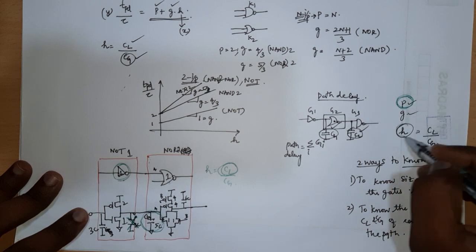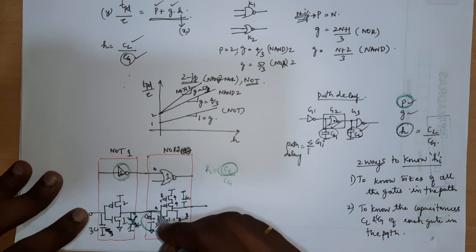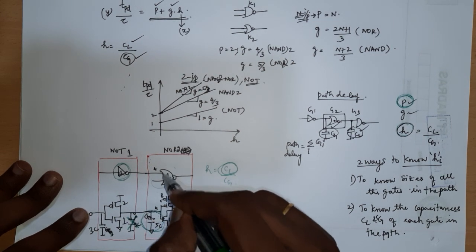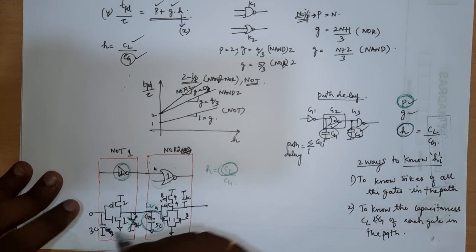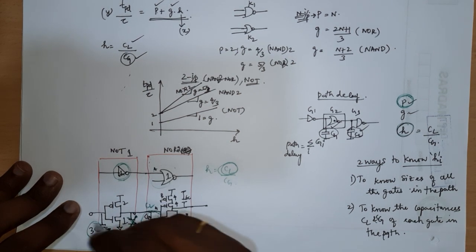Now when you are calculating H, it is only CL by CG, and this CL is the load seen by the inverter. The load seen by the inverter is a NOR gate, and an input of a NOR gate has its own capacitance of 5C, and this 5C acts as the load CL to this particular inverter, and the inverter has its own gate capacitance of 3C.